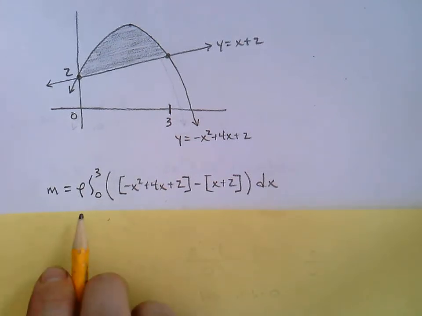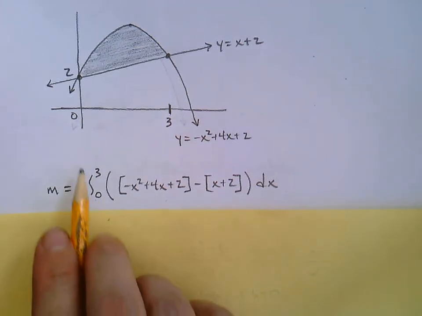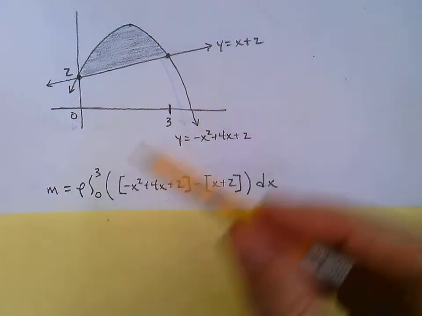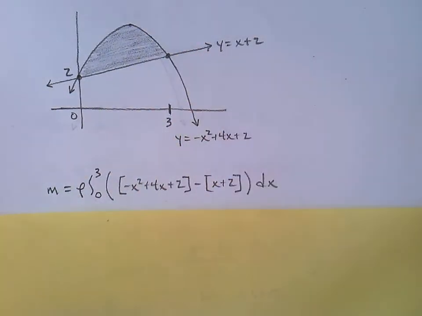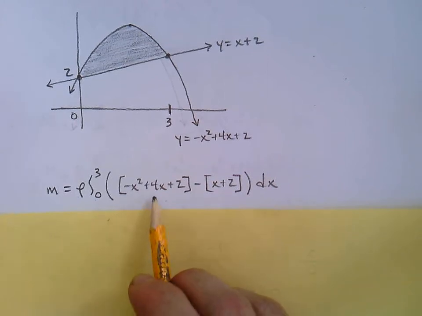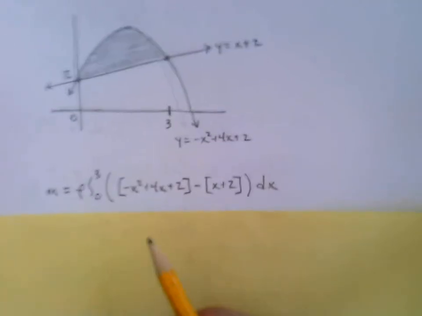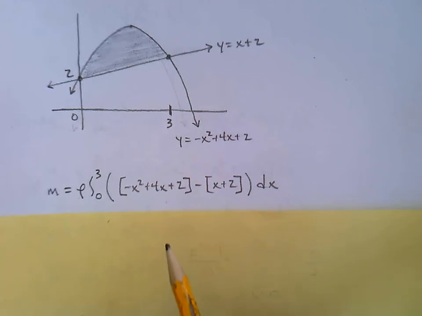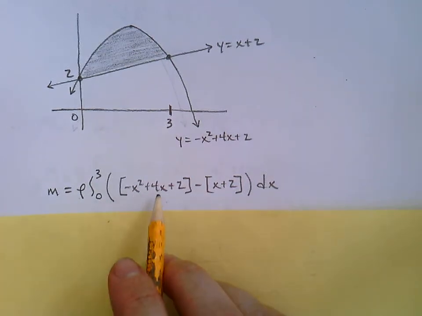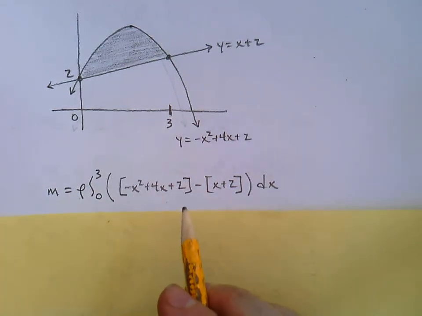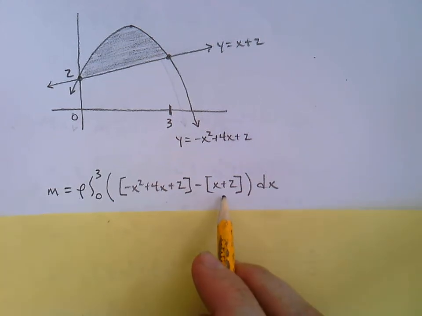So our total mass is the integral from 0 to 3. And remember, it's the top function minus the bottom, so don't mix them up. Negative x squared plus 4x plus 2, minus x plus 2.